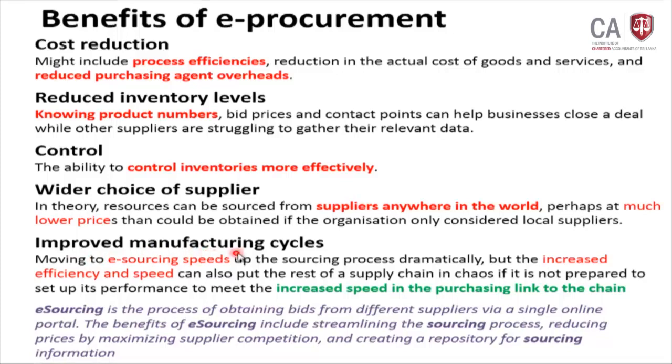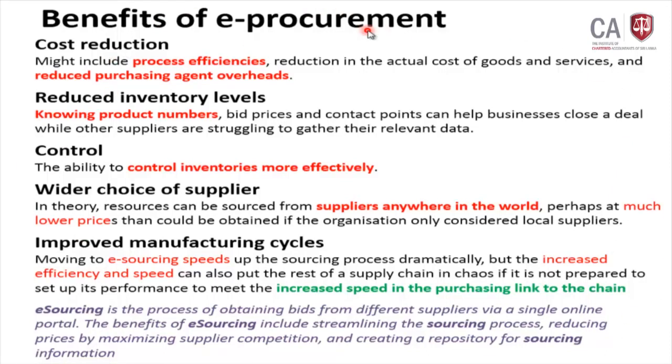Improved manufacturing cycle. Moving to e-sourcing speeds up the sourcing process dramatically, with an increase in efficiency and speed. So, by using e-procurement, we get more efficiency. The manufacturing cycle goes like a cycle, right?